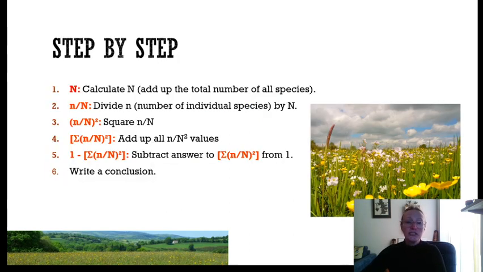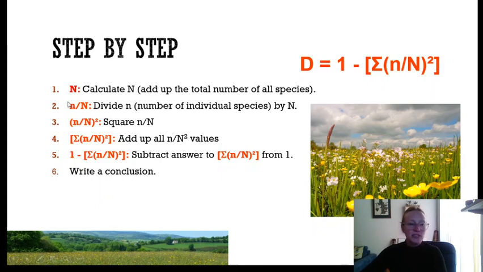So I've got a step-by-step for you just here. The first thing you're going to do is to calculate that big N, the total number of individuals. In order to do that, we need to add up all of the individuals in that particular habitat.